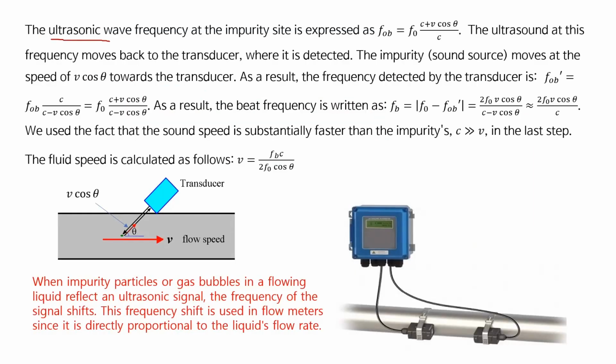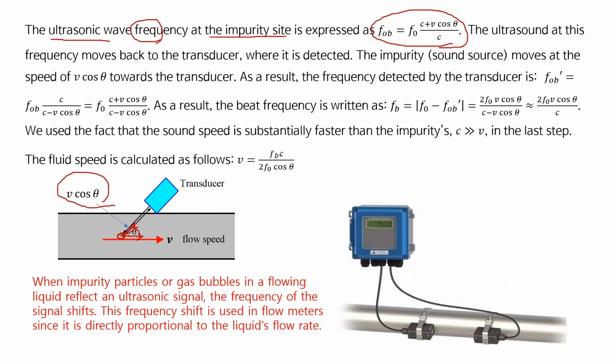The ultrasound wave frequency at the impurity site is expressed as we already discussed before. Here, at the impurity site, the impurities are moving in this direction, and the component of speed toward the transducer is v cosine theta, right?